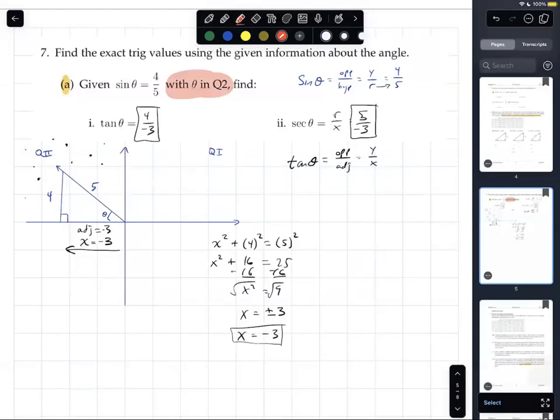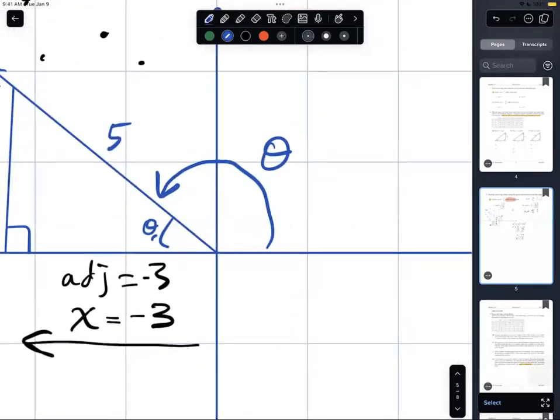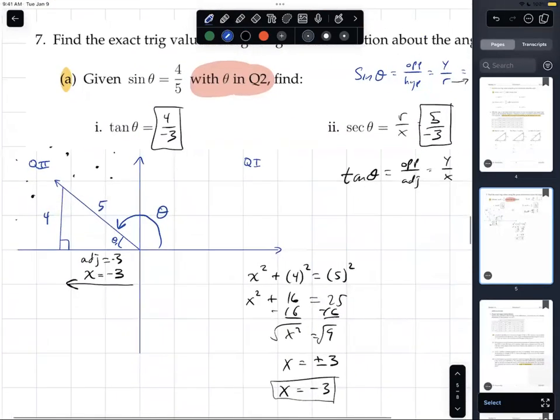Yeah, and so technically, I've actually been a little bit loose on how I say this, but the angle is this one here, technically. Theta is this angle that rotates from 0 to quadrant 2, but then we can just use the reference angle, and I'll put a little subscript r in there.